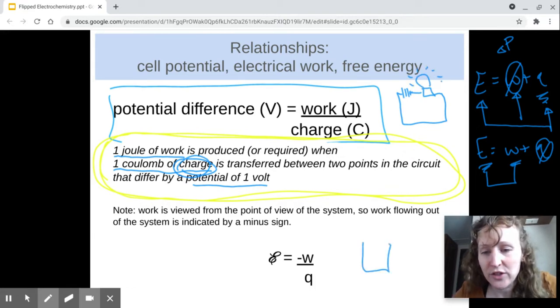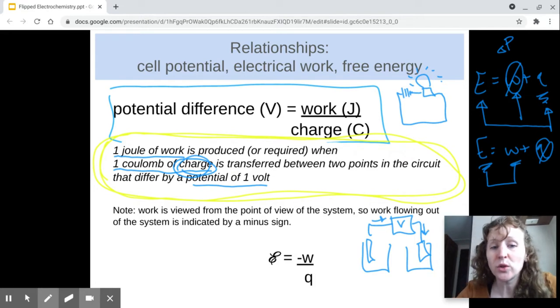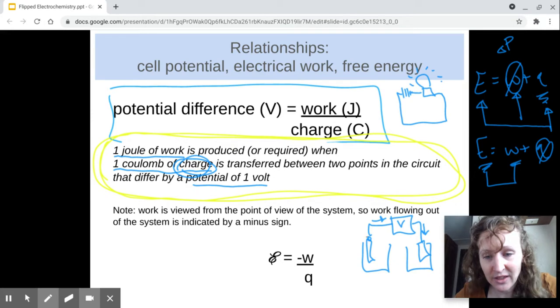We have a circuit that is divided and connected, and we can measure the volts that are running through our wire. So 1 coulomb of charge is transferred between 2 points in the circuit, probably this point and this point in the circuit.